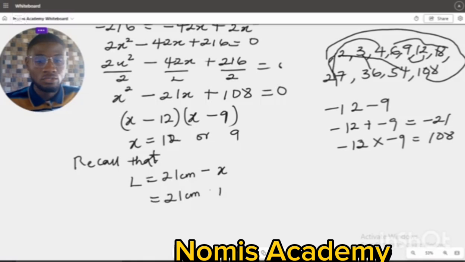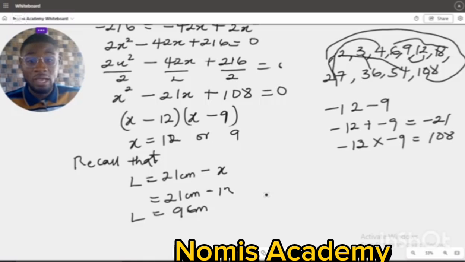So if I decide to choose 12, I will have the length equals to 9 centimeter, right? But if I take x to be 9, I will have at the other hand, length is equals to 21 centimeter minus 9, and I will have the length is equals to 12 centimeter.